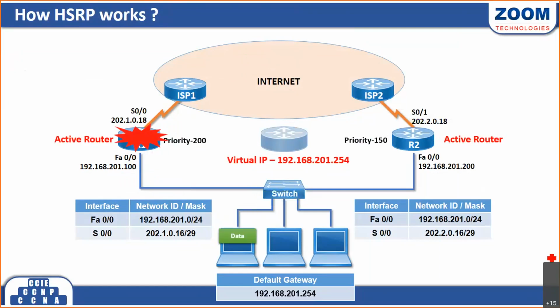But what you need to understand here is, if active is down, how does standby know about active being down? How does the standby router know that active is down? It has to become the active router, right? So how does R2 know that R1 is down?